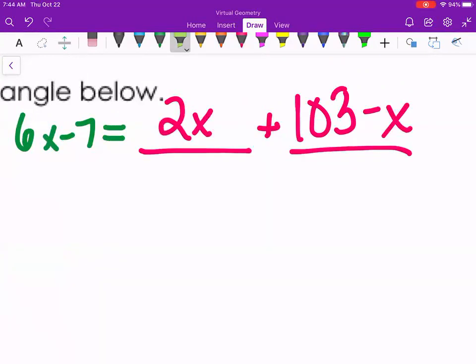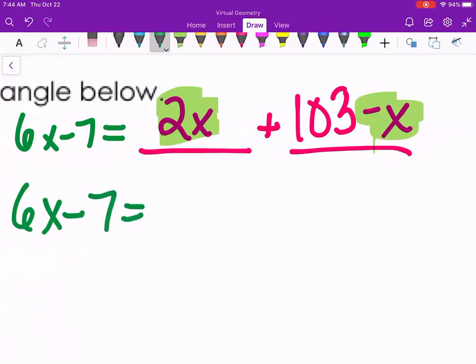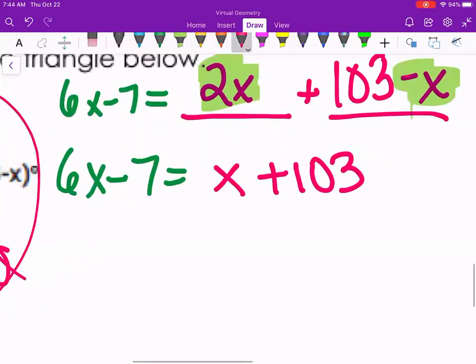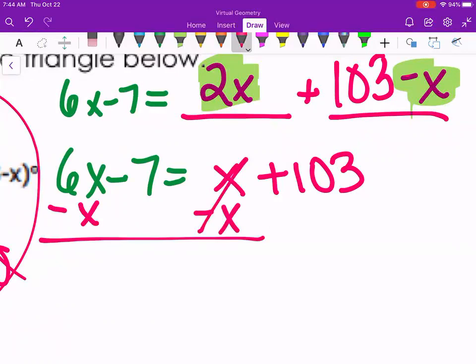We can combine like terms here because we have a 2x and a negative 1x. 2x minus 1x leaves us with just an x, and we still have a plus 103. And let's keep solving this. All right, we can subtract the x from both sides of this equation. So we have 5x minus 7 is equal to 103.